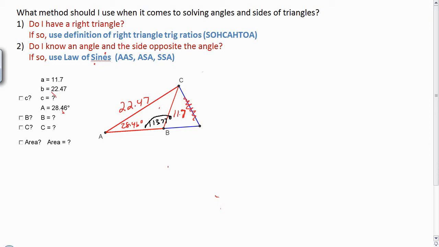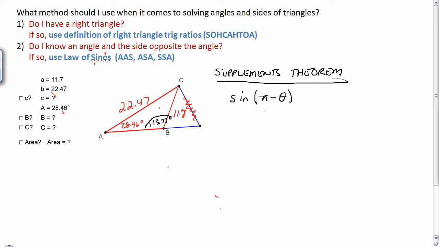And that's, again, why it was important to understand the Supplements Theorem from the last unit, which said that the sine of pi minus theta, or more importantly in this case, sine of 180 degrees minus theta, could also equal sine of theta.